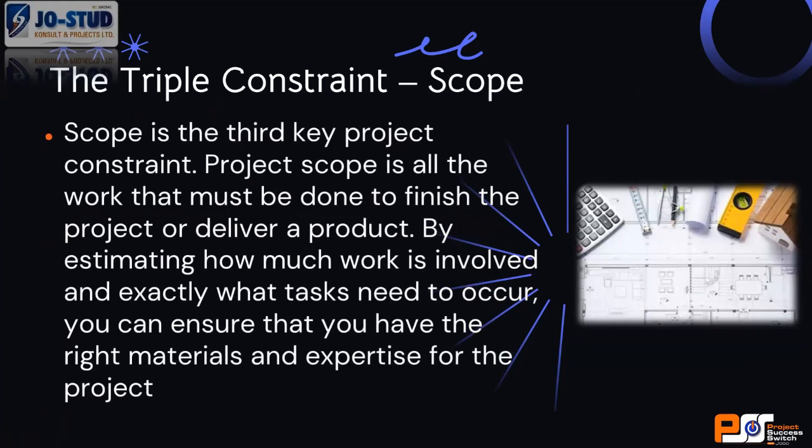Now, let me just talk a little bit about scope. Scope is all the work that must be done to finish the project or deliver a product. If you want to estimate your scope properly, you must break down your work in the WBS to the smallest measurable chunk, which is your work package.